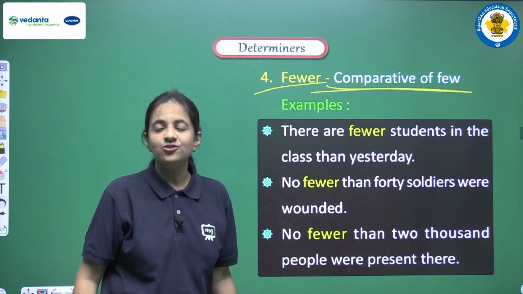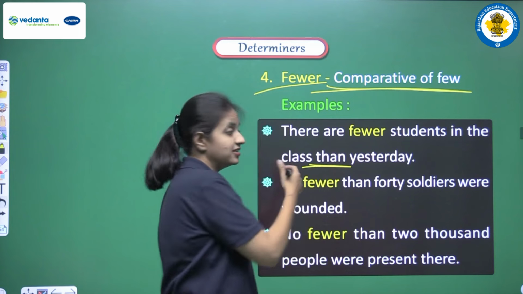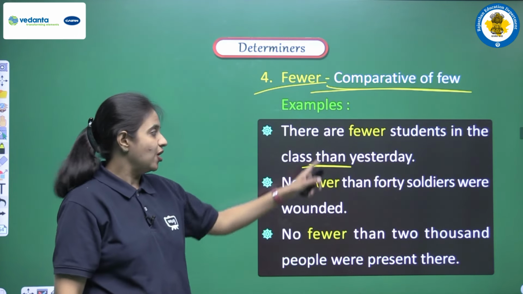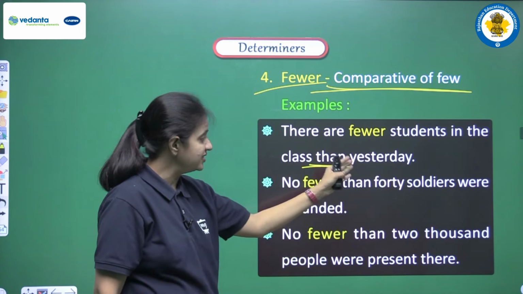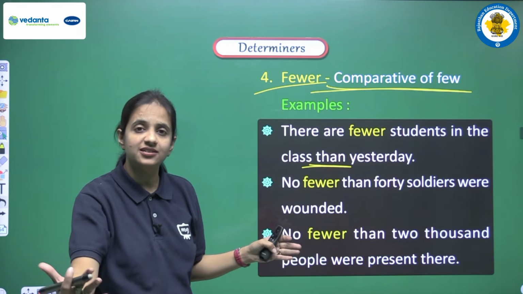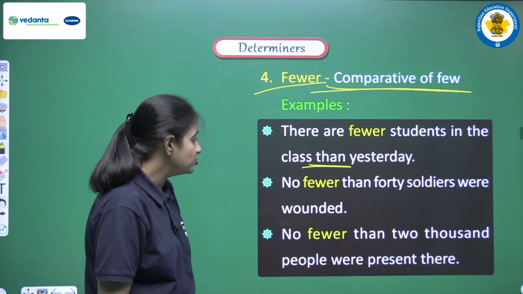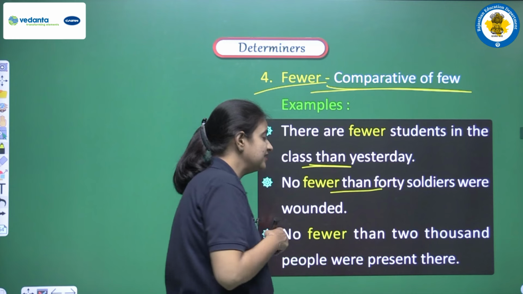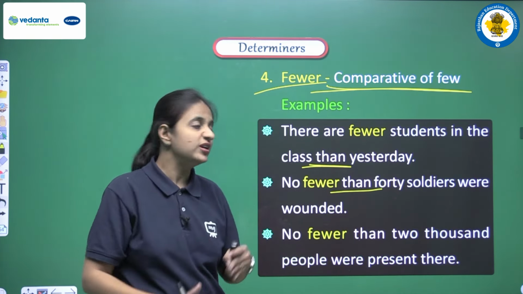So we all know that when we are using comparative degree, then we have to use than, that is THAN. So now we are making a comparison and we are saying that there are fewer students in the class than yesterday. Second is, no fewer than 40 soldiers were wounded. So again we are having than, we are making a comparison and we are using comparative form of few, that is fewer.